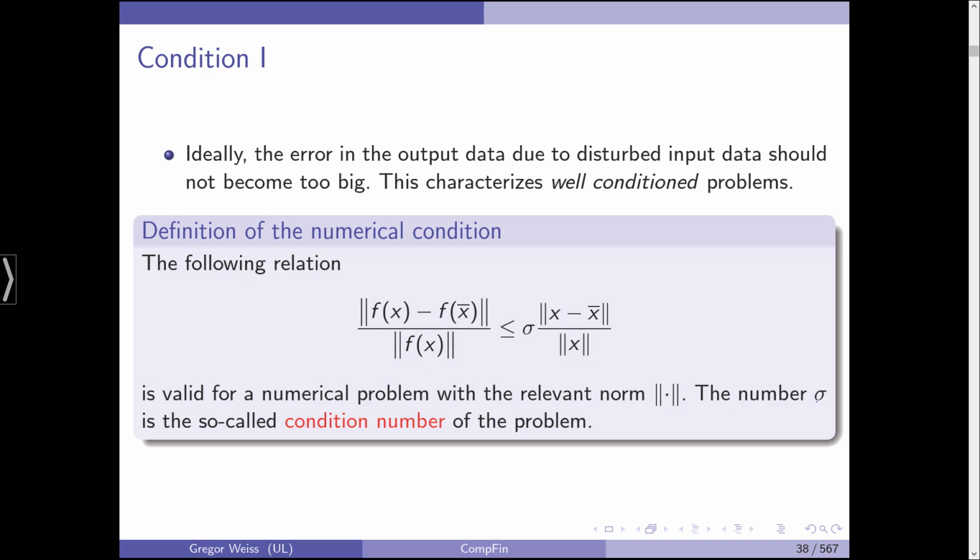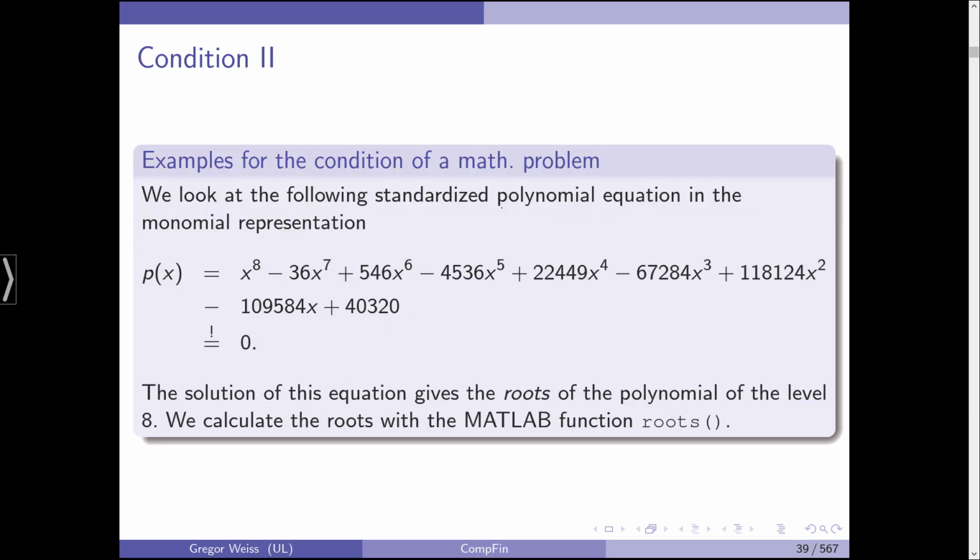And it means that actually the error you are expecting, given that you're using the true or disturbed input data, is amplified only by a certain constant sigma, the condition number, given that we already have an error in the input data. So this characterizes well-conditioned problems if sigma stays relatively low. Obviously, we want the sigma to be rather low.